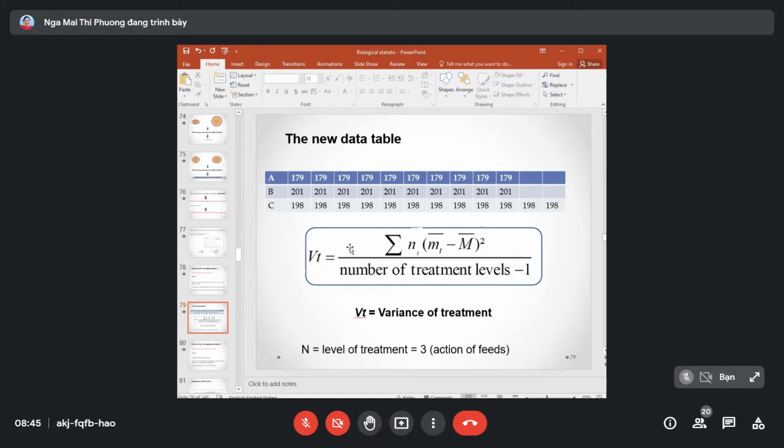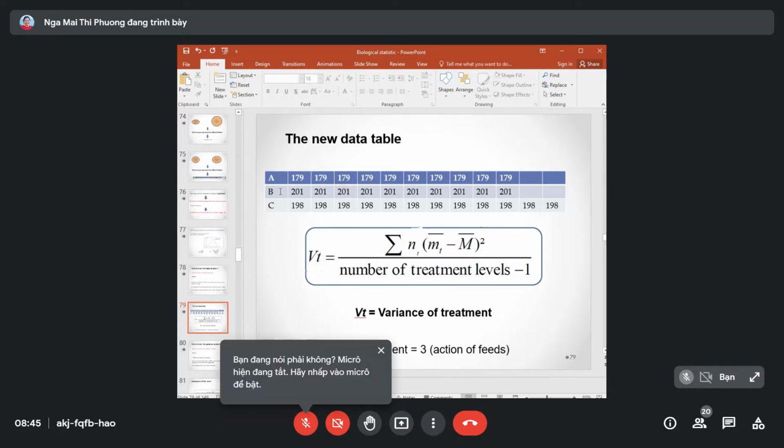The variance of treatment will have this equation: the sum of nT, where nT is the small n. So what is small n in A? Small n in A you have 10, small n in B you also have 10, and small n in C you have 12.